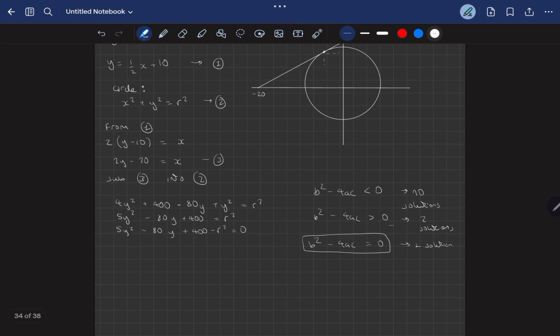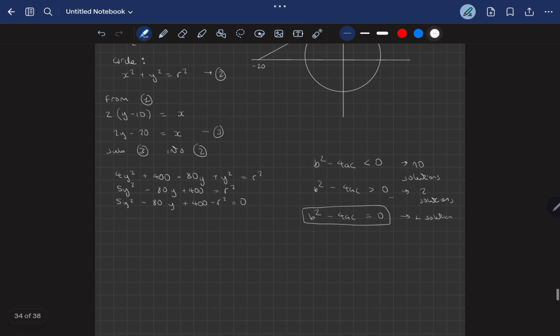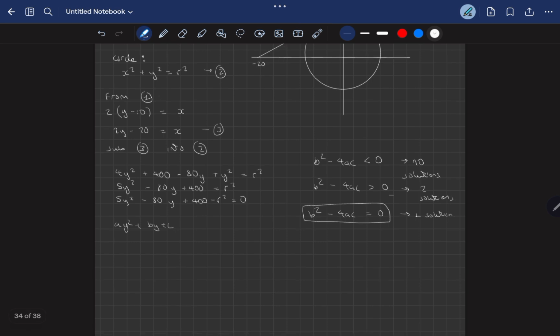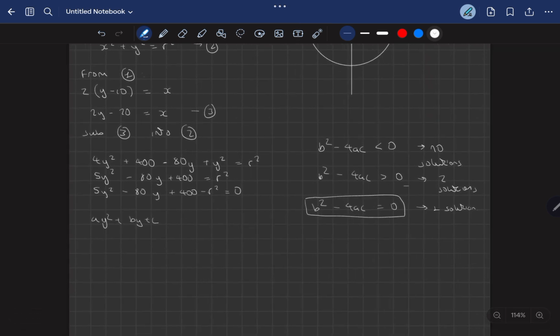The discriminant is b squared minus 4ac, where a, b, and c are from the generic form of a quadratic, a y squared plus b y plus c. So what is b squared? b squared is negative 80 squared, which is 6400. Minus 4ac, where a is 5, and c is 400 minus r squared.